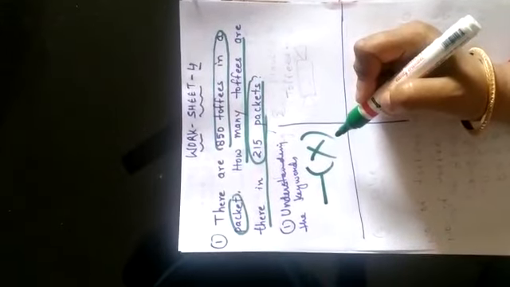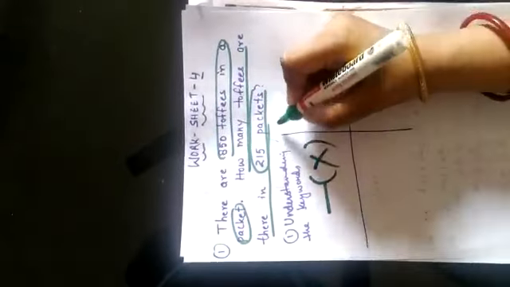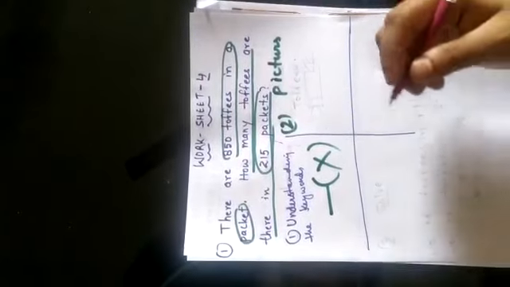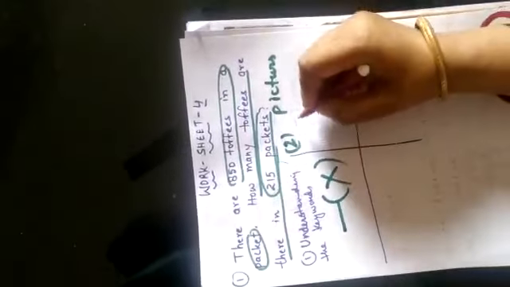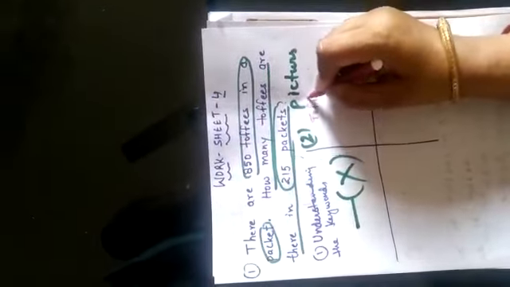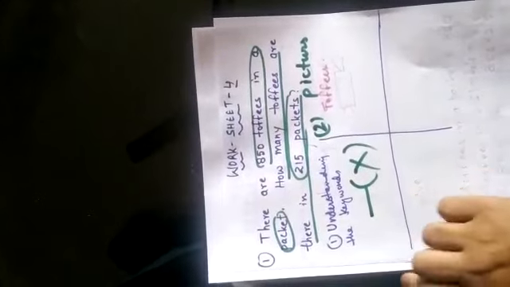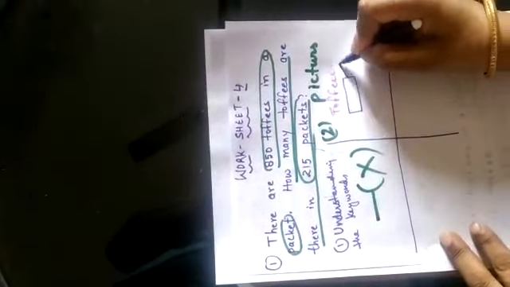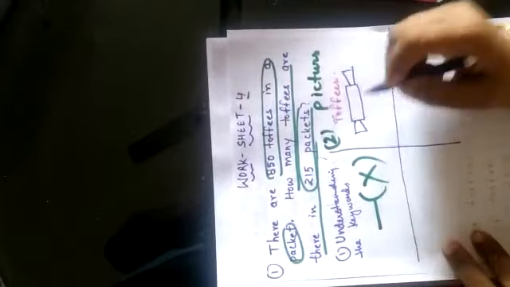Now come to the second step. The second step is planning. So we plan to draw pictures in order to understand the problem. This problem is related to toffees, so let us draw the toffee first. How many toffees are there in one packet?